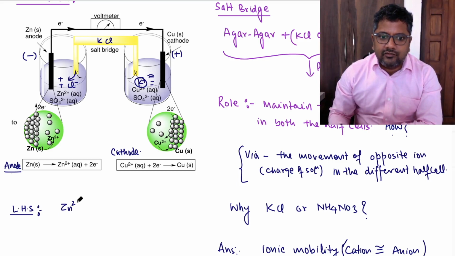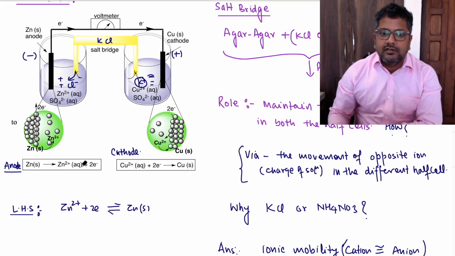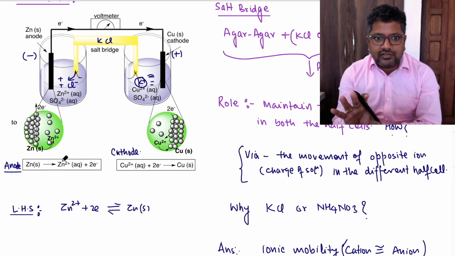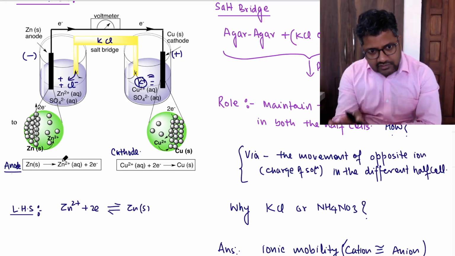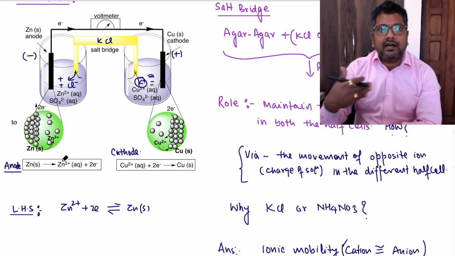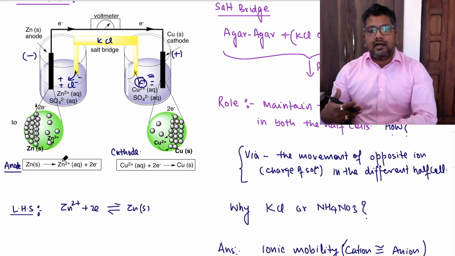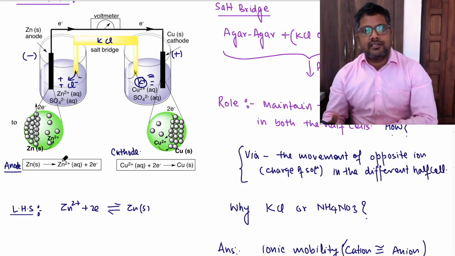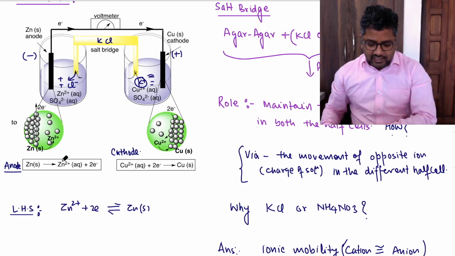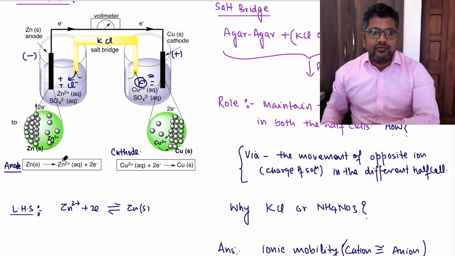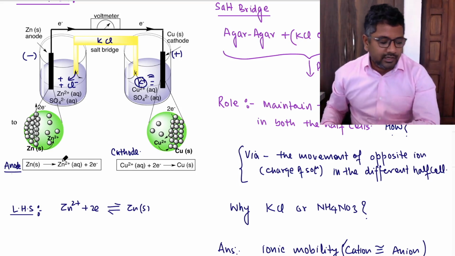So Zn2+ + 2 electrons gives Zn. Although oxidation is taking place and I know that, this is the method of writing the half cell reaction and complete cell reaction for a given cell. And I always explain in this way only, right?